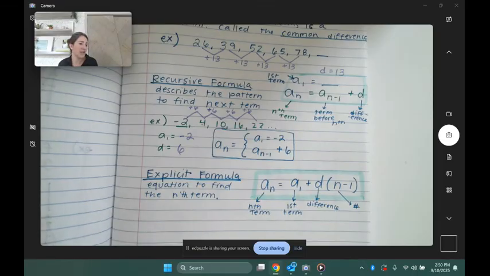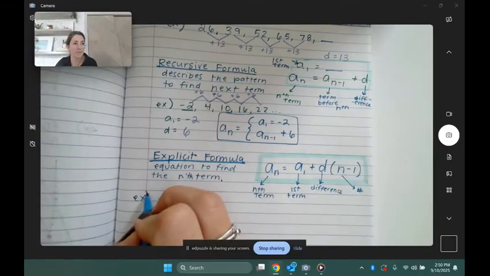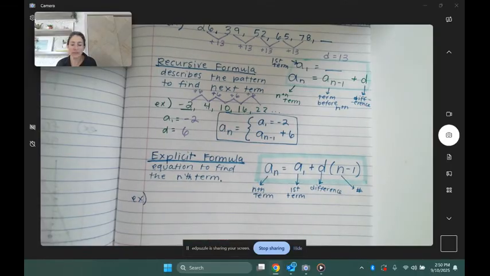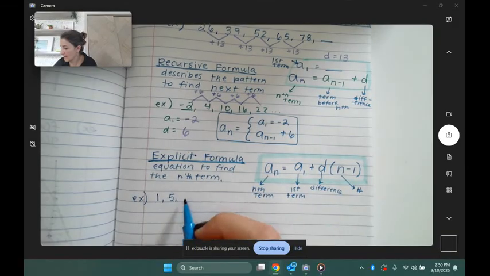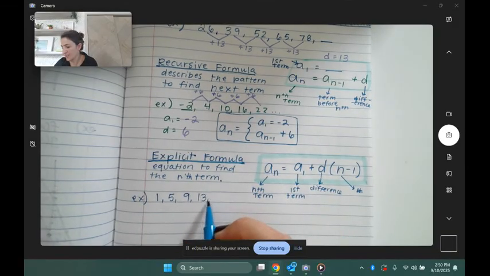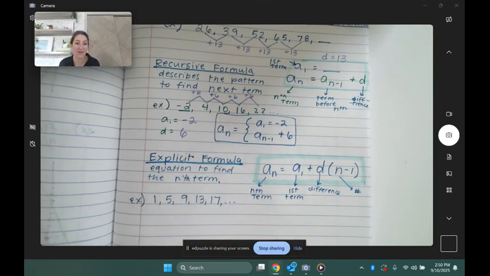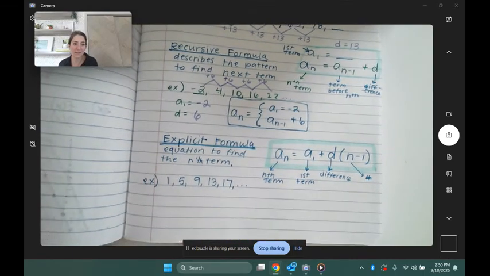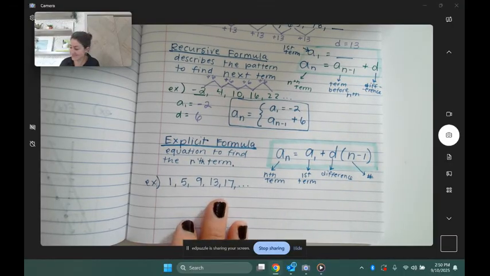So let's say, for example, let's do 1, 5, 9, 13, 17. Continue. What is the explicit formula for this sequence?